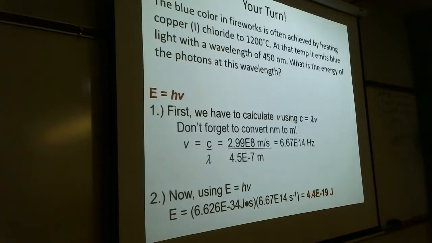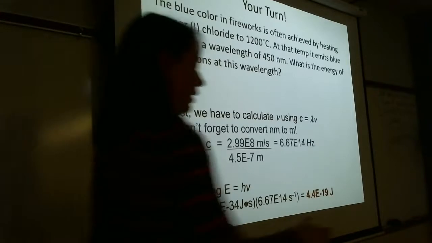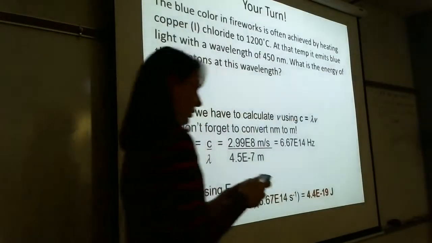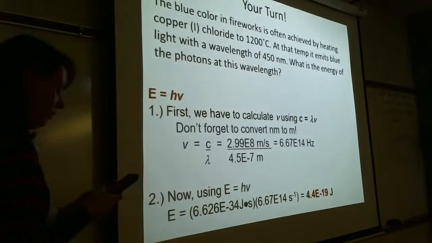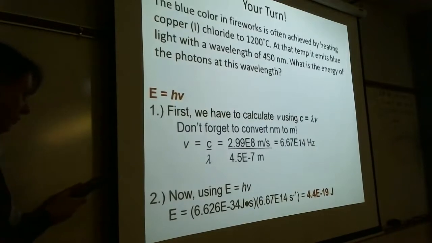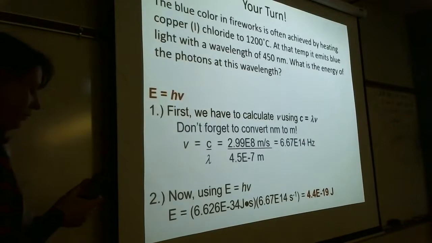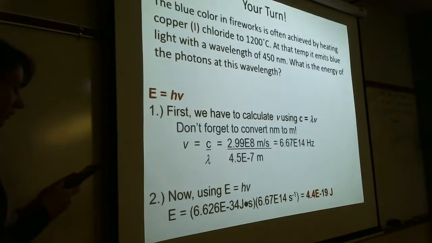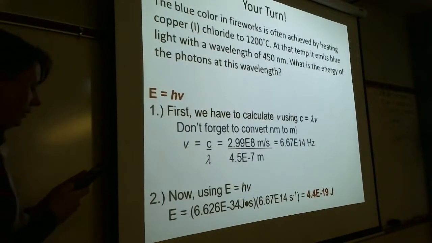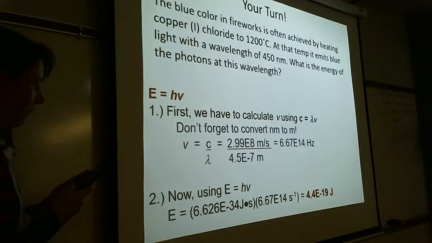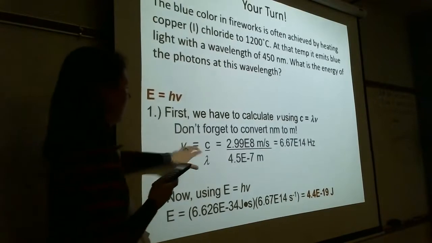$4.24? Let me make sure that I didn't make a math error there. Yeah, I got 6.626 times 10 to the negative 34 times 6.67 times 10 to the 14. 4.419 is what I got. Oh, for this one? Yeah, I got 6.